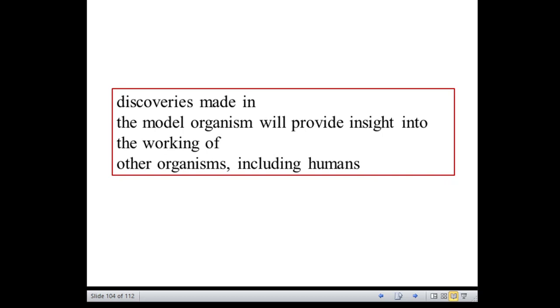So each species has its advantages and disadvantages as a developmental model. Say for example, in case of the chick embryo, it has been studied as an example of vertebrate because fertile eggs are easily available. The embryo withstands experimental microsurgical manipulations very well and it can be cultured outside the egg.